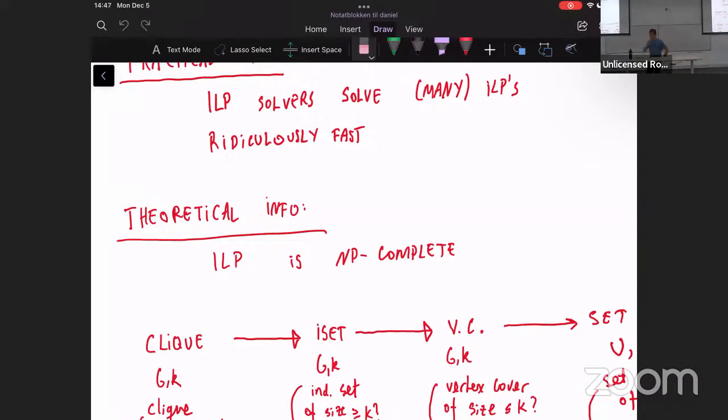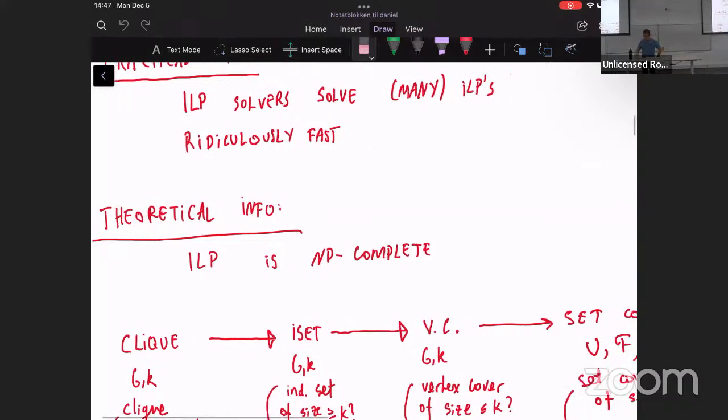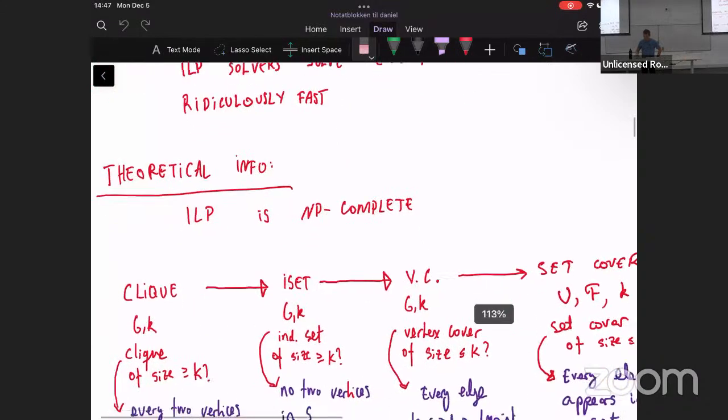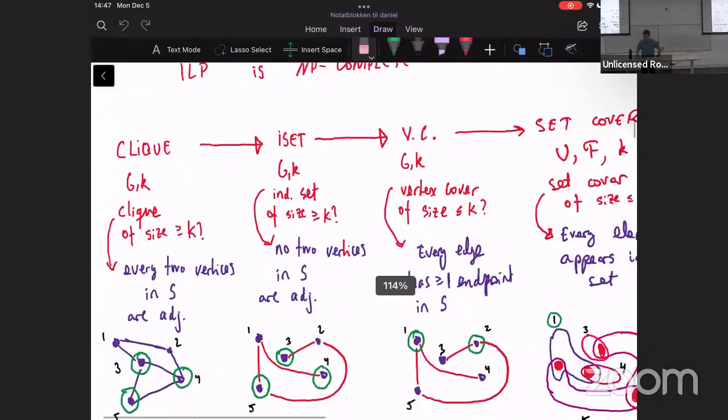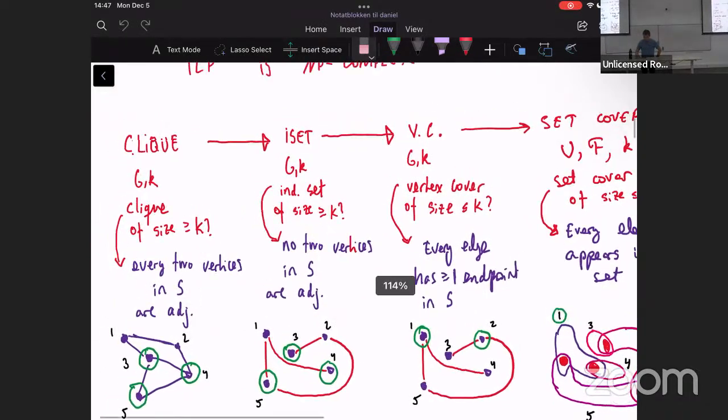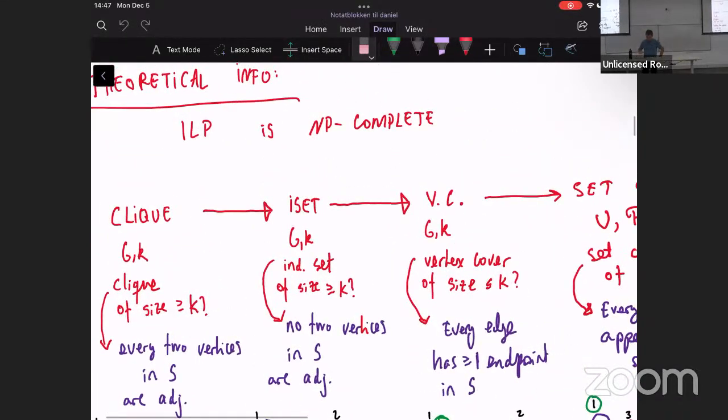So we've looked at some problems. Let me warm up your NP completeness muscles. Remember the clique problem? Given a graph, find a set of vertices such that every pair of vertices are adjacent.